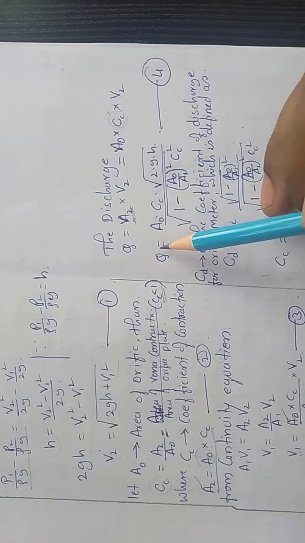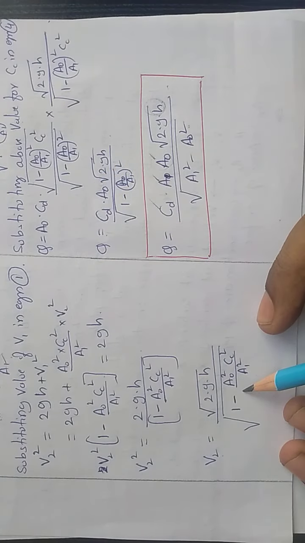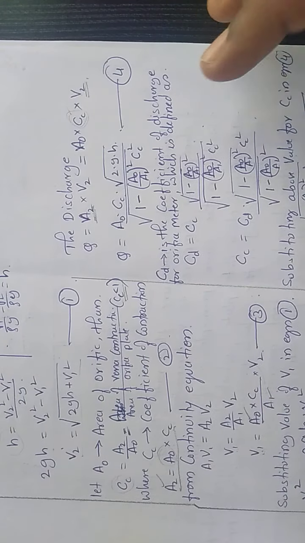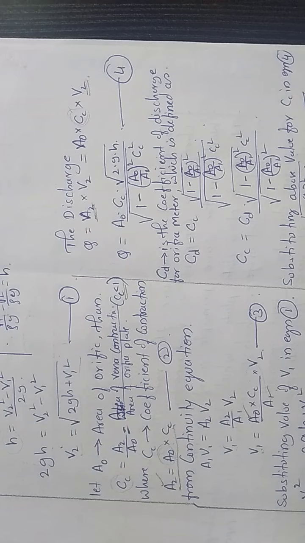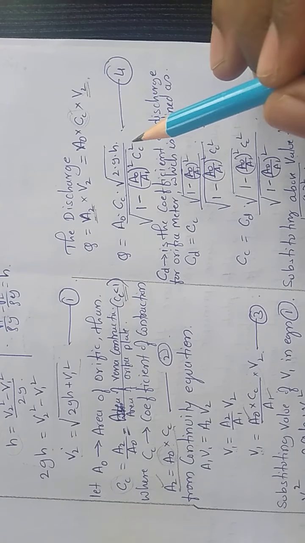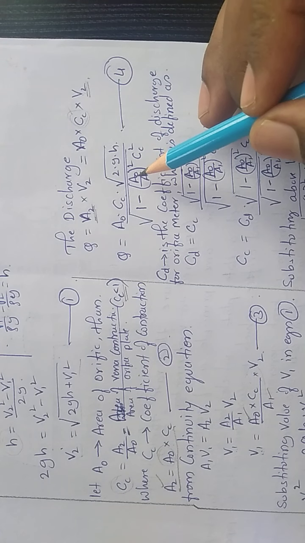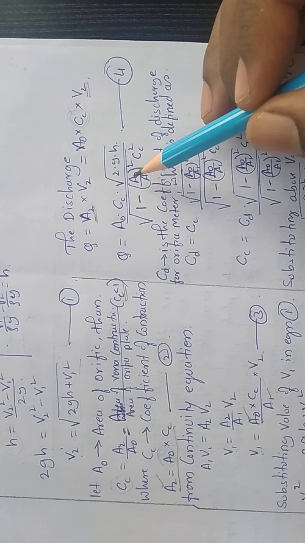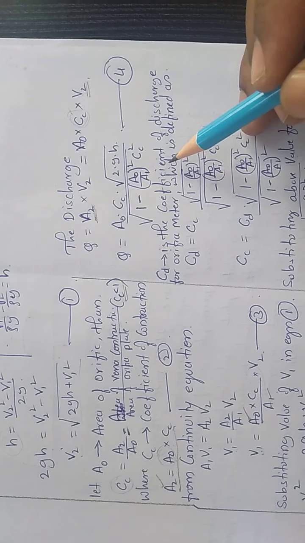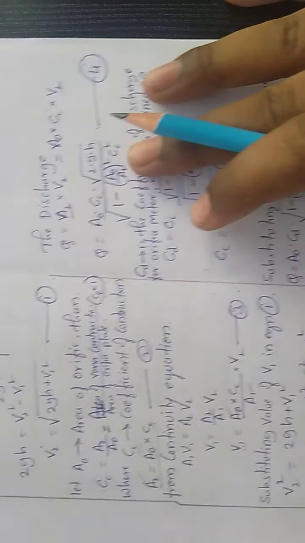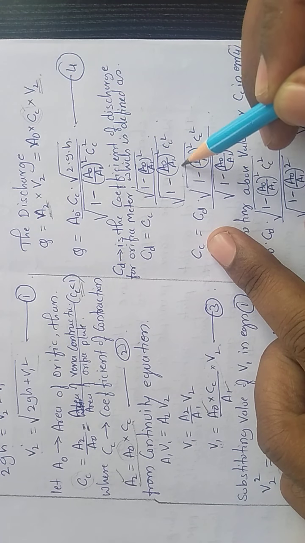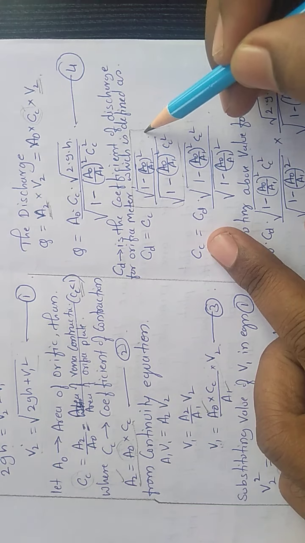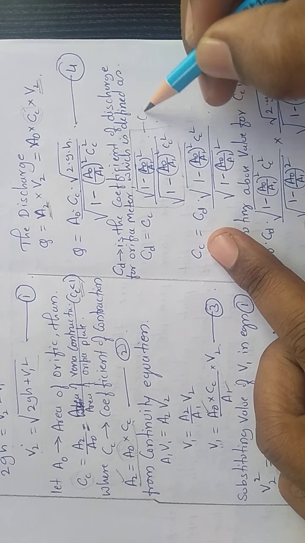Now we know the expression for V2 that we have got here, so I substitute that here and I'll get this expression. In this orifice meter derivation, you will get one more new term, that is the coefficient of contraction. And this expression is nothing but the coefficient of velocity.